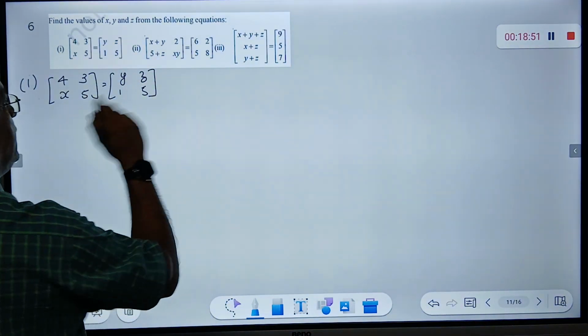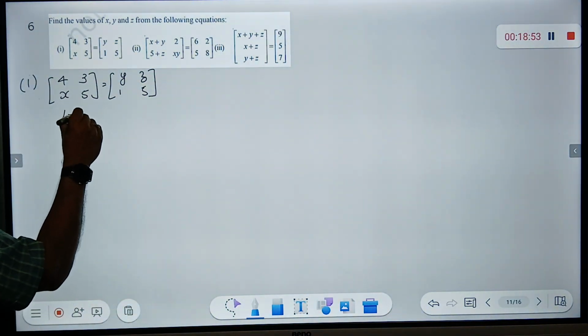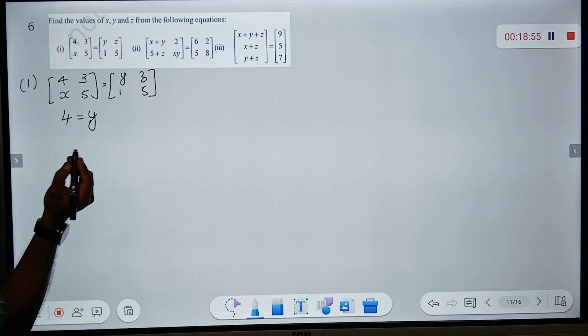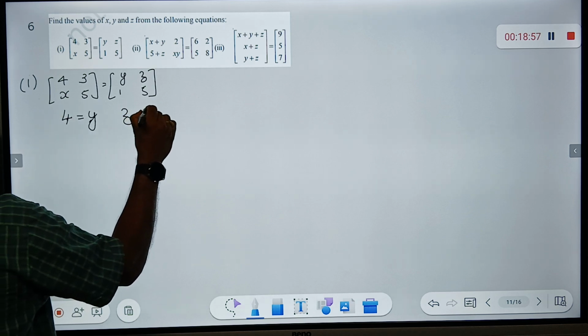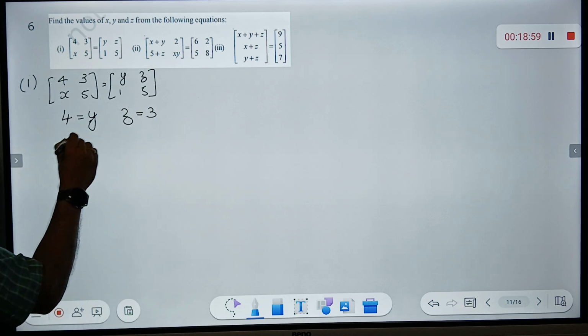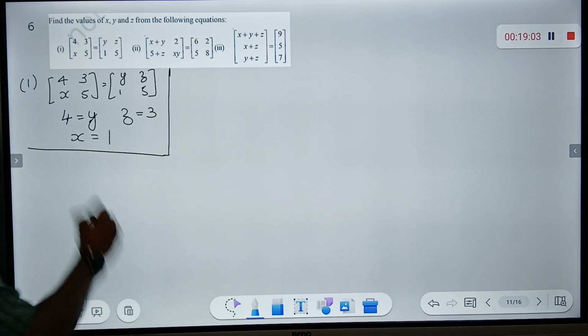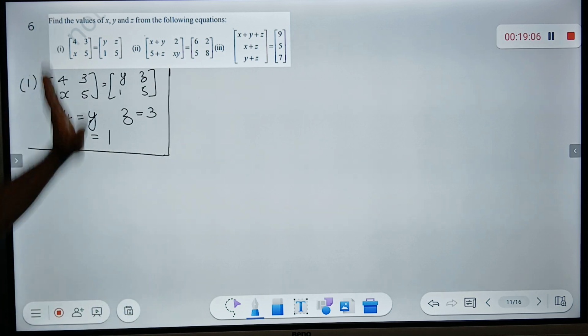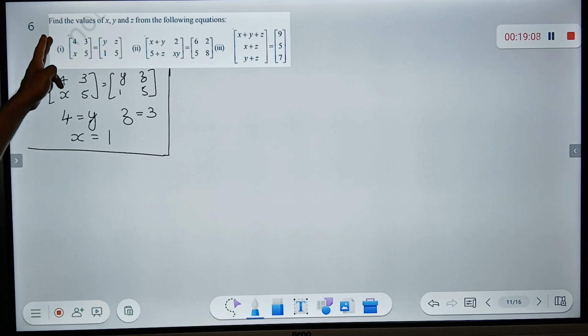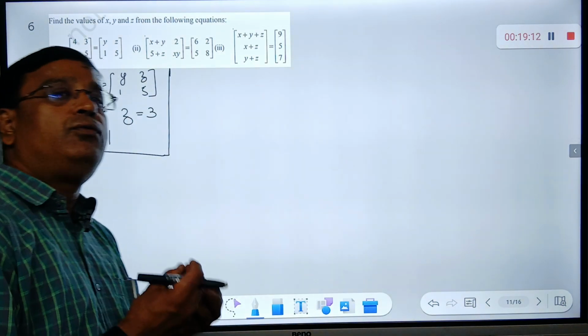What do you mean by corresponding elements are equal? 4 is equal to y, so I got the y value. z equal to 3 and x equal to 1. That solves the problem. This is question number 1, first subdivision is finished. All that you need to do is equate the corresponding elements. I am using a simple definition of equality of two matrices.